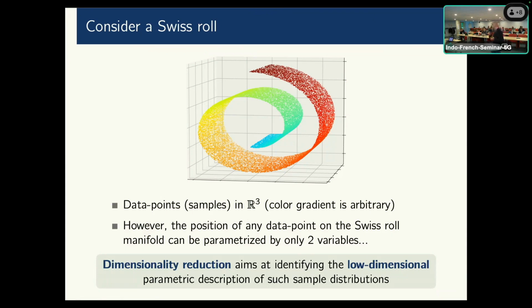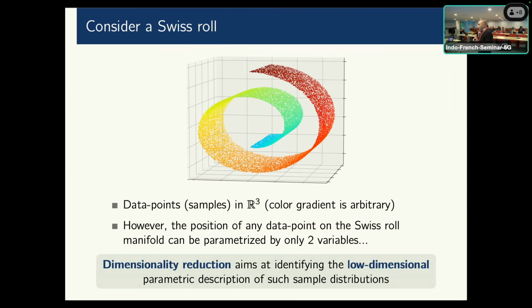And in fact, if you look closer, you see that although my samples live in a three-dimensional space, I could actually parameterize this sort of ribbon shape using only two parameters, and I could represent the location of any sample in that data set using only two real parameters.